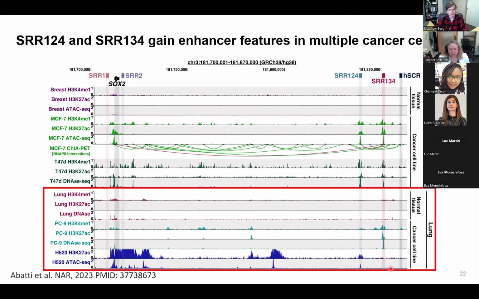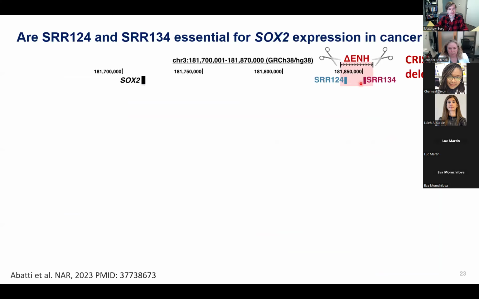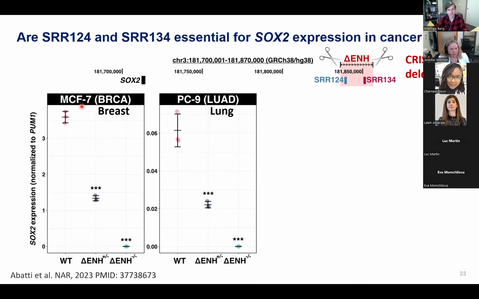From this, we picked out some cell lines that we could work with further. And now we wanted to first do the CRISPR deletion to see if these regions really are required for SOX2 expression in cancer cells. In both MCF7s and PC9 breast and lung cells, we saw this massive reduction of SOX2 expression, down to almost undetectable levels, when the enhancer was deleted on both alleles, indicating that yes, this region is absolutely required for SOX2 expression in these cellular contexts.